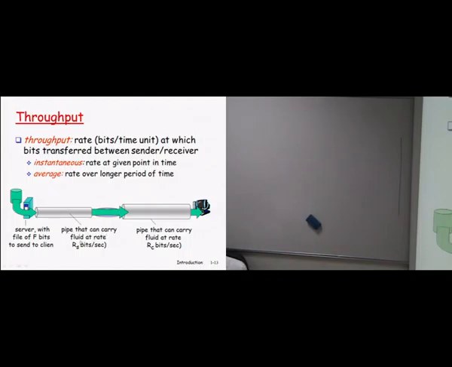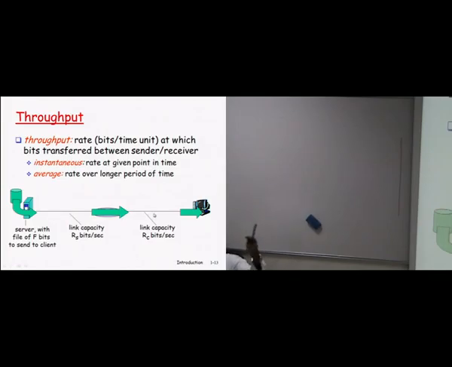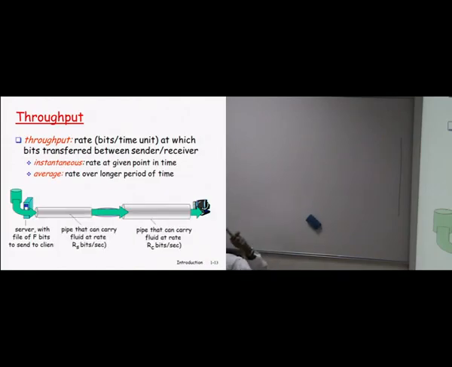This is a pipe that can carry fluid at a rate of Rs bits per second, and this is another pipe. Is this pipe bigger than this? Yes. Whose diameter is more? The next one. It means it can carry more fluid. Yes. This pipe can carry fluid at a rate of Rc bits per second.